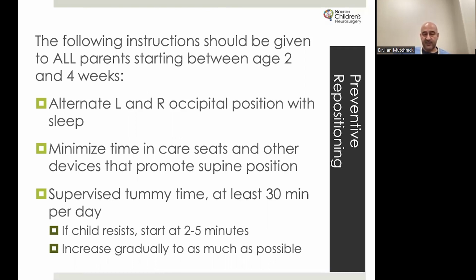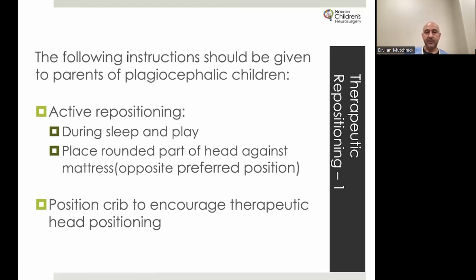If the child resists, you do a little bit at a time and develop their ability to tolerate. Just gradually increase that time to as much as possible. The less they are on the back of their head, the more their natural rounded head shape will emerge, even if there's some initial flattening.